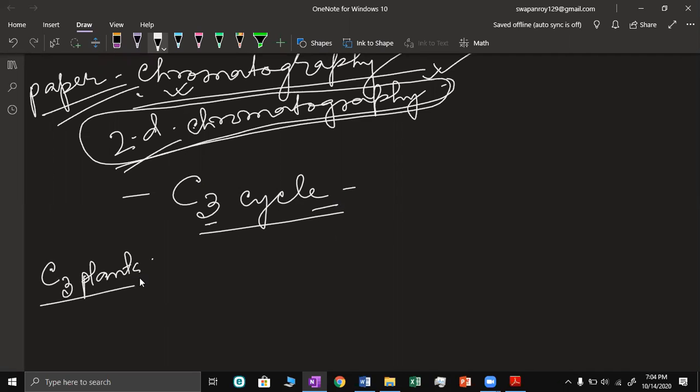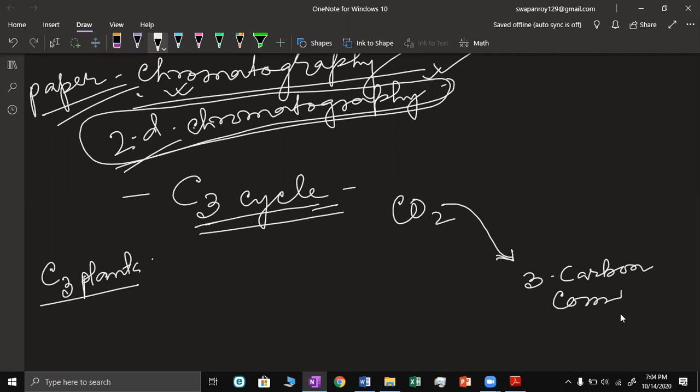Why is it called the C3 cycle? Because when carbon dioxide is absorbed by the plant, the first stable chemical compound formed is a 3 carbon compound. This is the stable product after the carbon dioxide is absorbed.